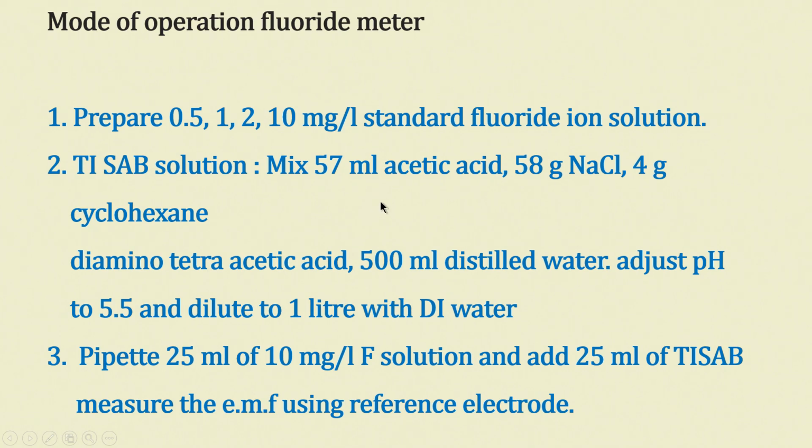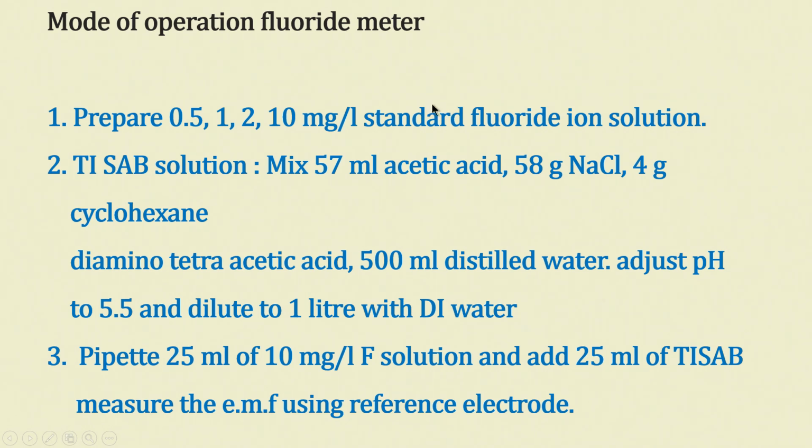Here what we do is prepare 0.5, 1, 2, 10 milligram per liter standard fluoride ion solutions. You open any textbook, they will describe what salt of fluoride you should use, where it is available, what quantity should be dissolved and how to make that solution. So, I assume that you all know such things.